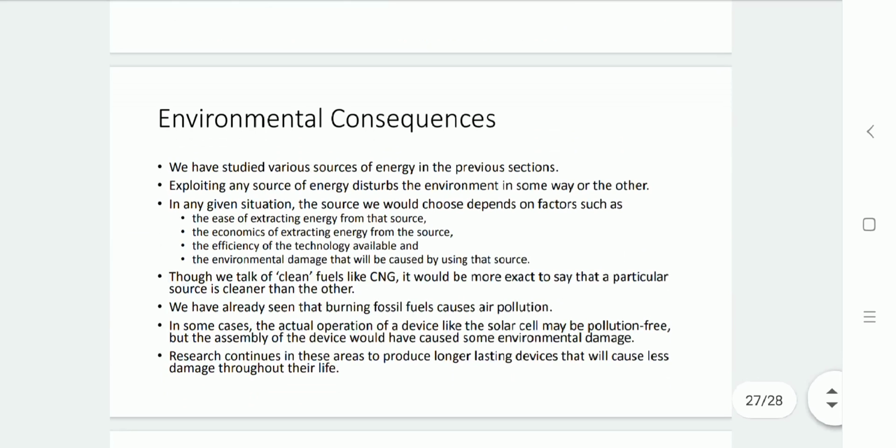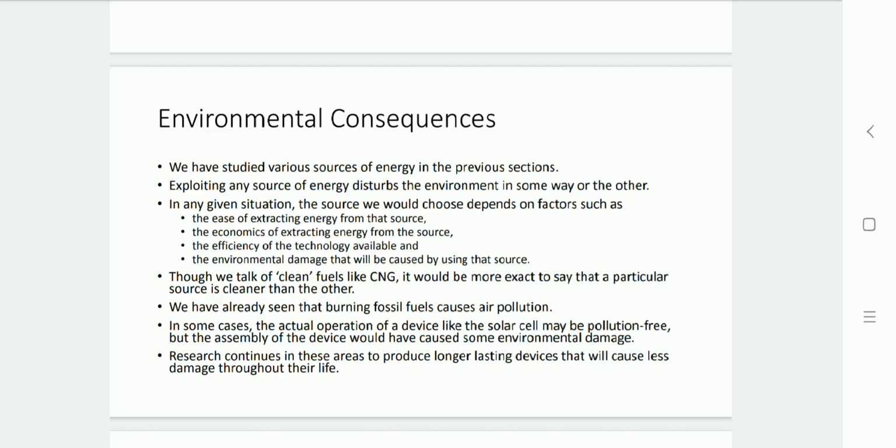Next, environmental consequences. We have studied a number of sources of energy till now. Many or all of the sources disturb the environment. In any given situation, the source we choose depends on some factors.